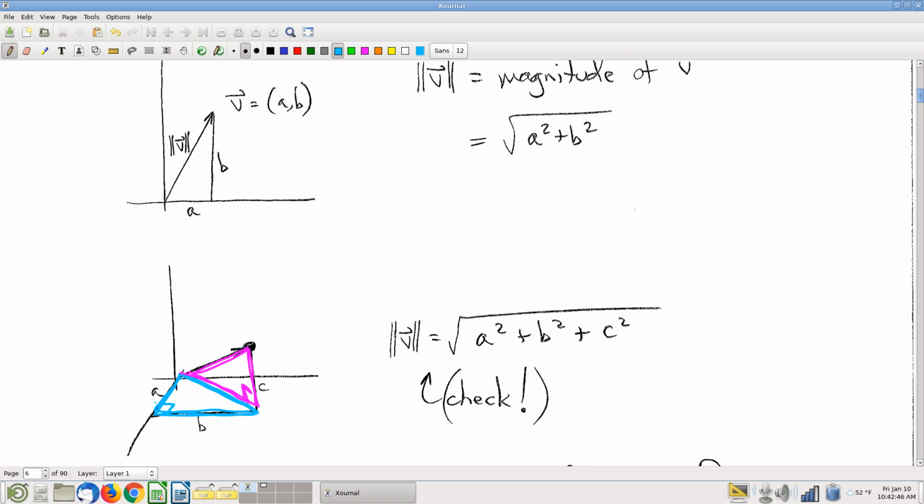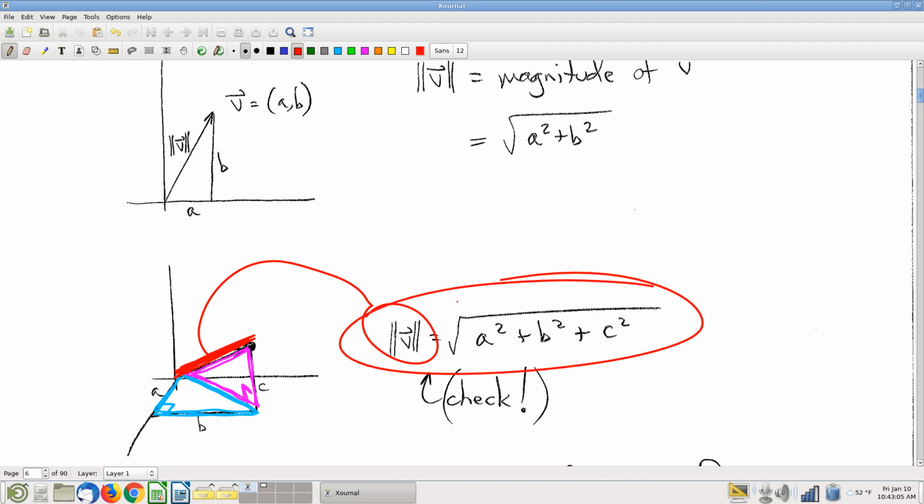So I'm going to leave the details for y'all, but if you want to compute the hypotenuse of that purple triangle, which namely is the magnitude that we're interested in, write down the Pythagorean equation as it pertains to both of these triangles. Play around as necessary, have fun, and the punchline will be this. So, good exercise for y'all to do on your own.